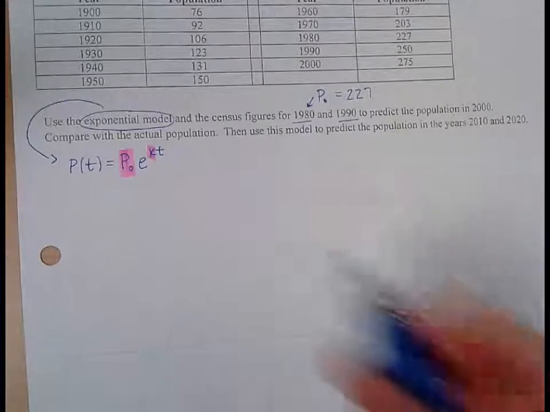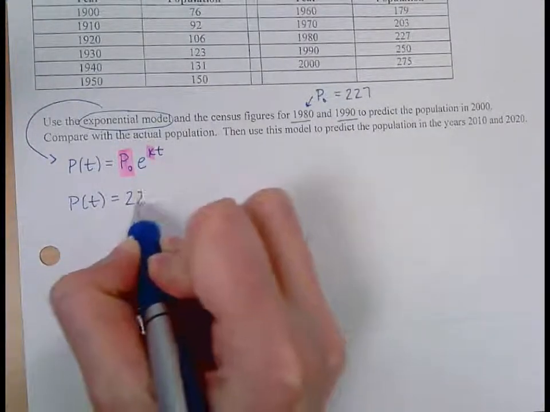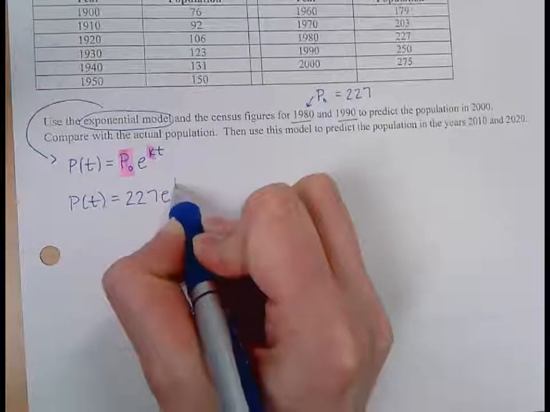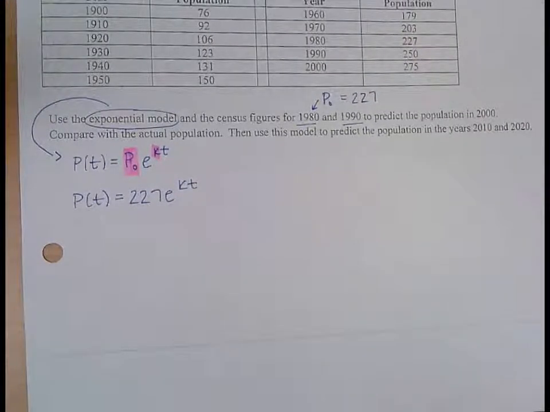So I'm going to substitute that in. So P of t equals 227 e to the kt. And then ideas on how we could find k.